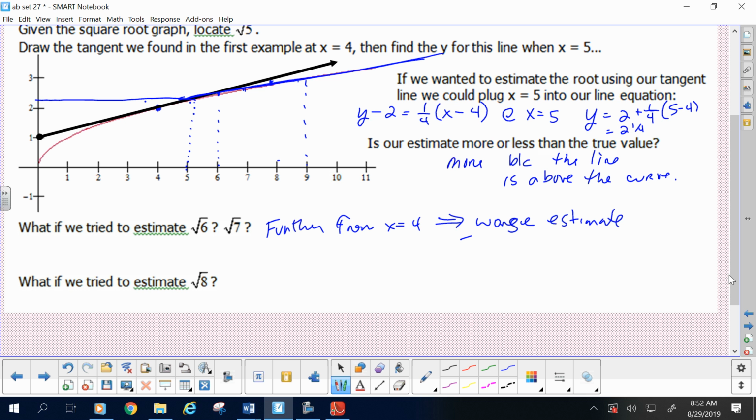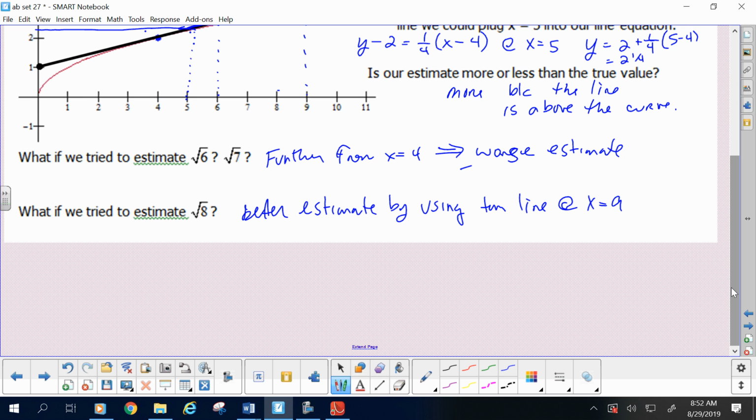And if we wanted to estimate the square root of 8, we could get a better estimate by using a tangent line at x equals 9. Far less error.